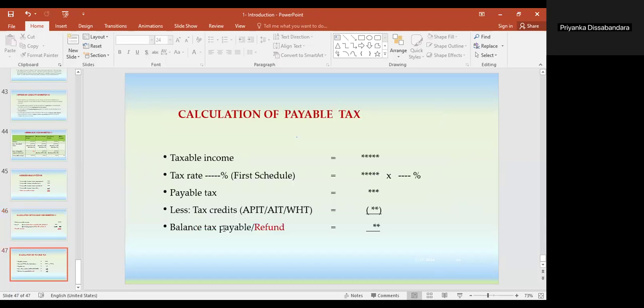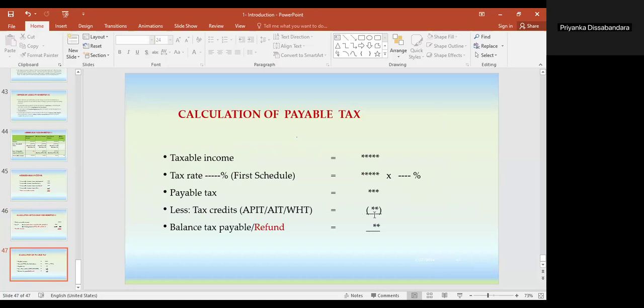After that what we have to do, we have to apply relevant tax rates for that taxable income. Then we have a payable tax. From this payable tax, we can deduct APIT, AIT, withholding tax credits. That means the taxes we have already paid to the department when we are receiving that income.